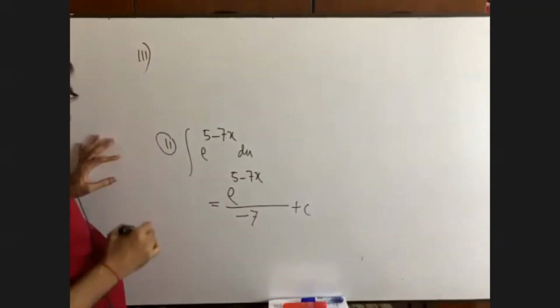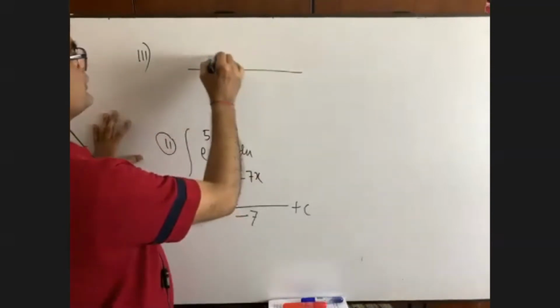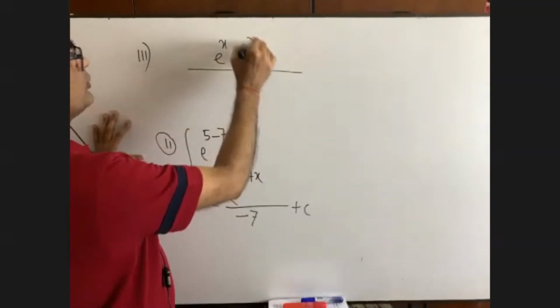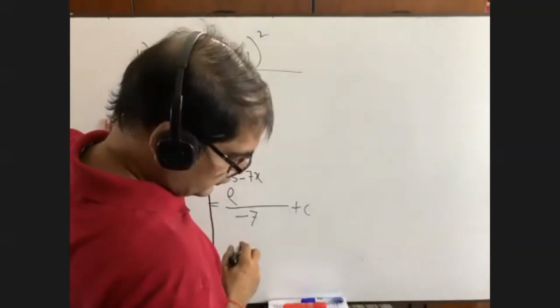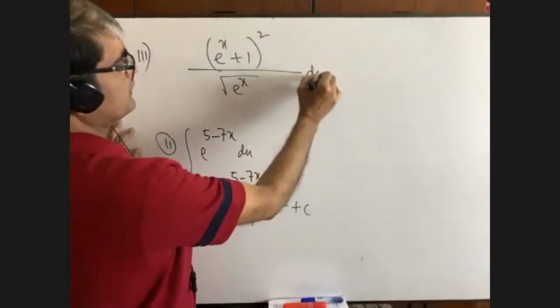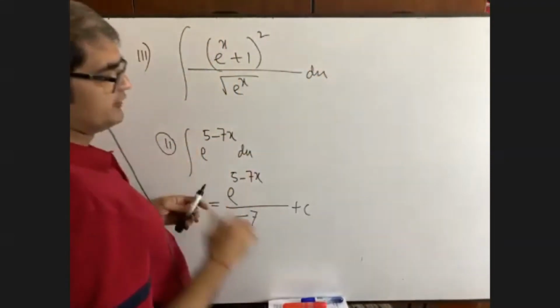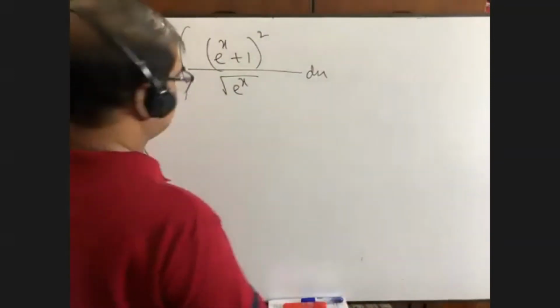Number 3. E to the power x plus 1 whole square by root over e to the power x dx. This is the math. As I told you, do not be afraid of seeing the math.